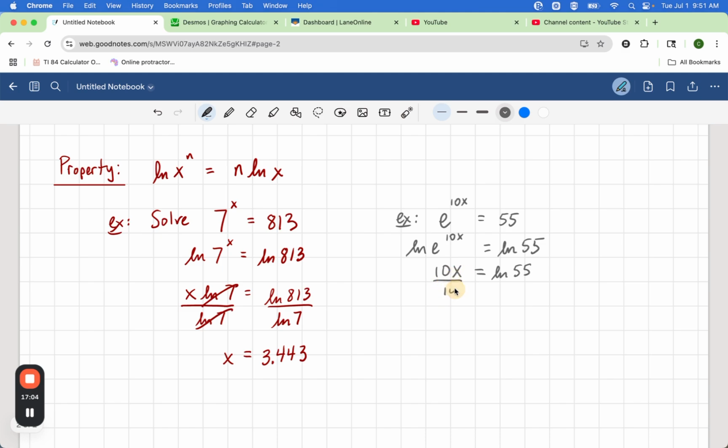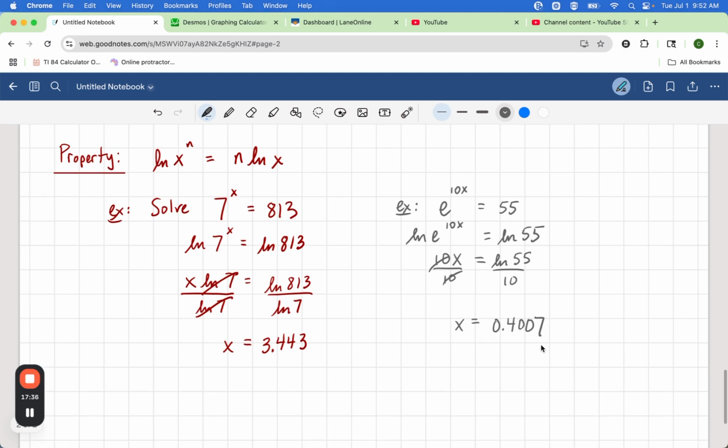So divide each side by 10, and I got x equals 0.4007. You can check your answers, by the way, by plugging those x's in. It's going to be a little bit off because of rounding. Exponential functions are very volatile, which means small changes in x result in large changes for y. So it's going to be a little off, but it'll be pretty close if you check.